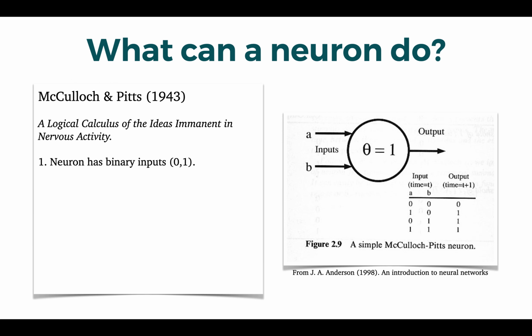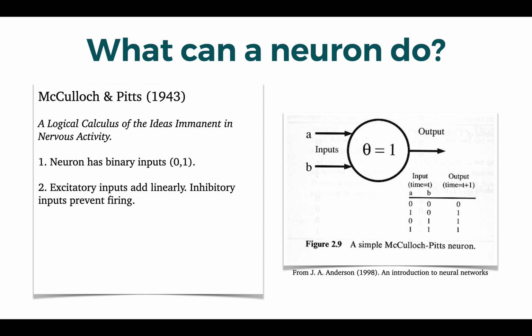Now we know that this is not true. We know that we have graded potentials. We know that we can have varying changes in membrane voltage differences. We know that small stimuli can cause small amounts of depolarization. Larger ones can cause larger changes, okay? So that's the first assumption that they have to make with this model.